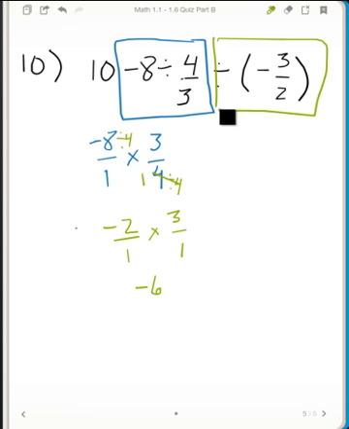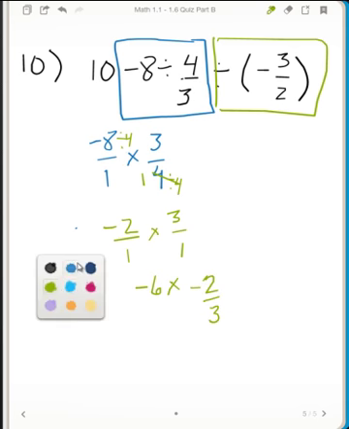Okay, so I have my negative 6, and I'm going to divide it by, in brackets, negative 3/2. Again, whenever you're dividing fractions, it's the same as multiplying by its reciprocal. So I'm going to flip this. Instead of negative 3/2, I'm going to have negative 2 over 3.